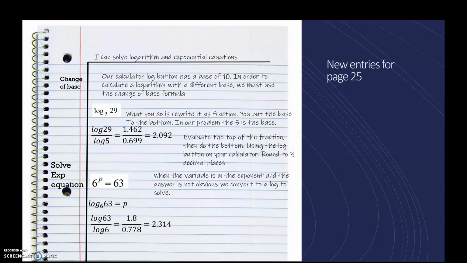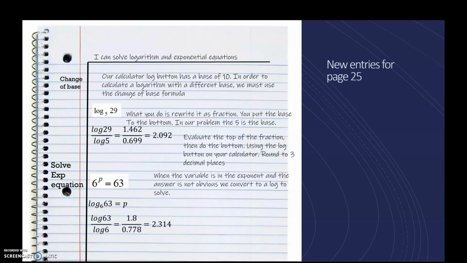So if I have something like this where I can't solve it, then we make a fraction. The way I remember it is the base goes to the bottom. So for log base 5, I put log 5 in the bottom. We put log 29 at the top. Then we go into our calculator and hit log 29 and we get 1.462.